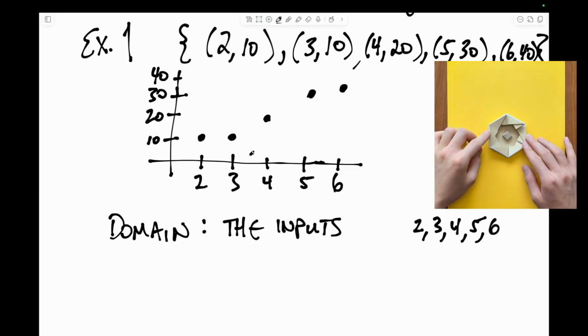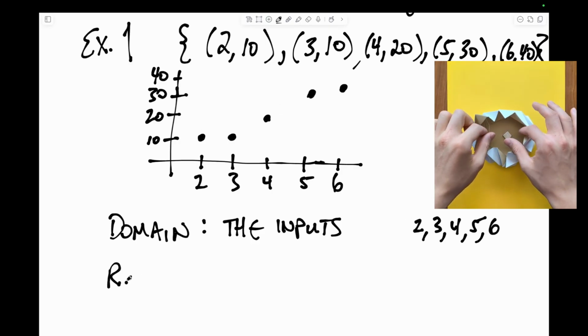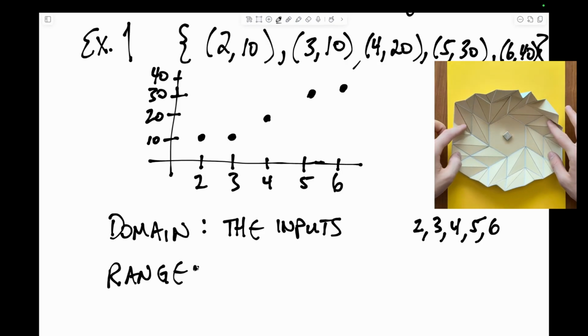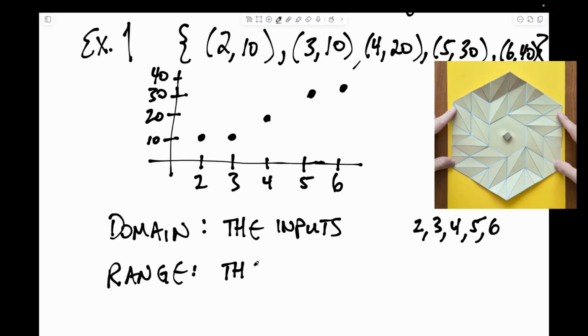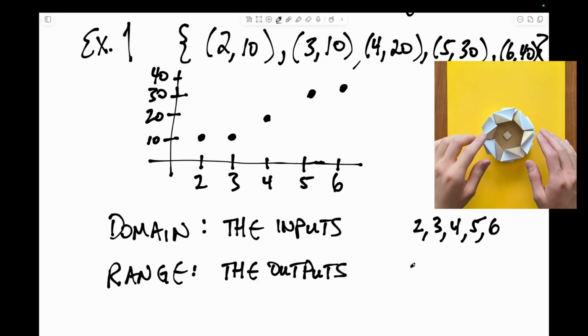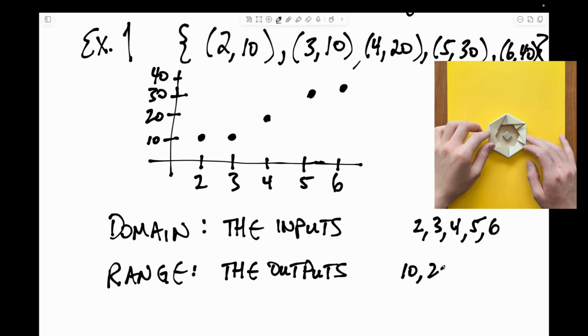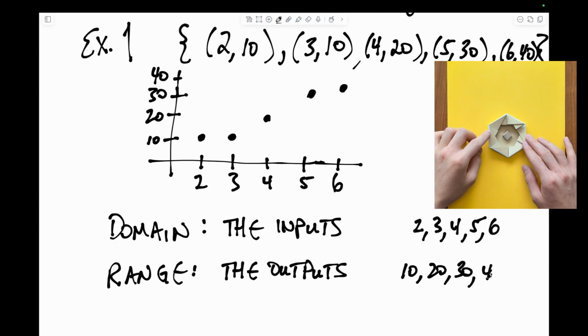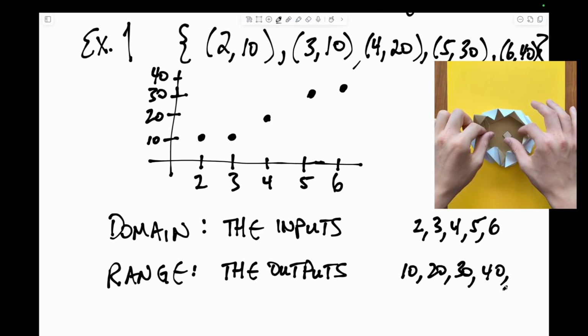We don't have anything between those points. And the range is going to be the outputs. And that, in this case, is 10, 20, 30, 40, and that's it.